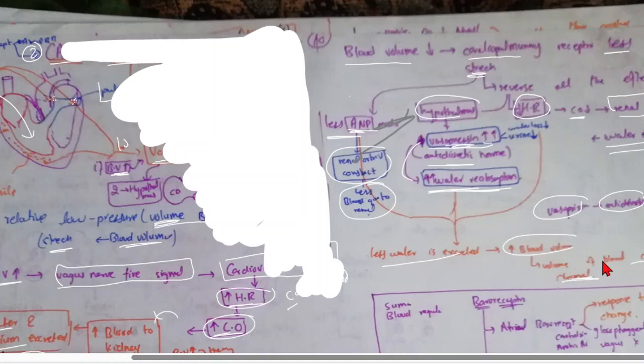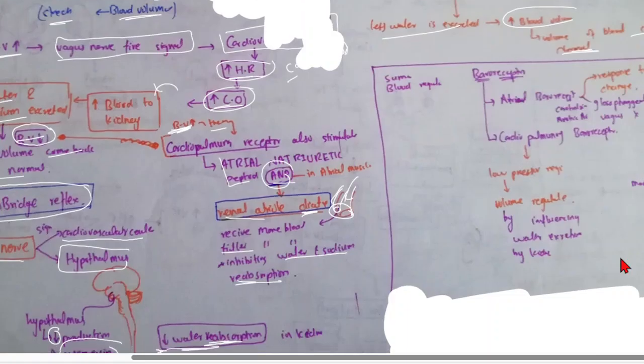So this is the mechanism. Now again we will summarize: the atrial baroreceptors and cardiopulmonary receptors respond to blood pressure. The atrial baroreceptors respond to blood pressure change through the glossopharyngeal and vagus nerves, and go toward the cardioaccelerator center, modifying total peripheral resistance and cardiac output.